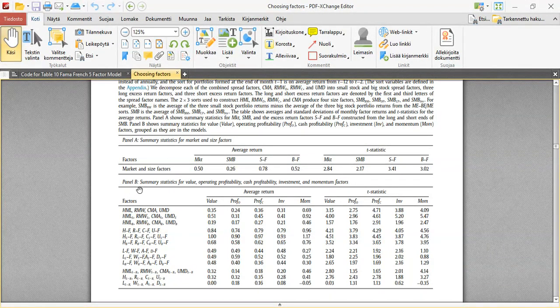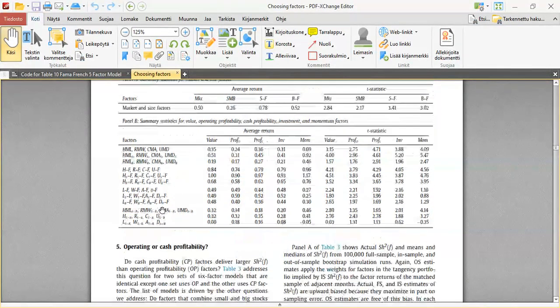What we see in panel B are the summary statistics for the value factor, operating profitability factor, cash profitability factor, investment factor, and momentum factor. Let's just focus on the first 3 rows.